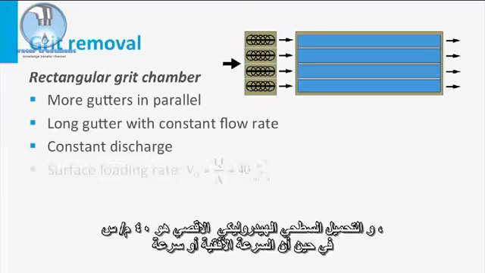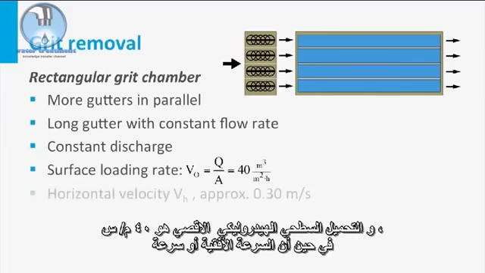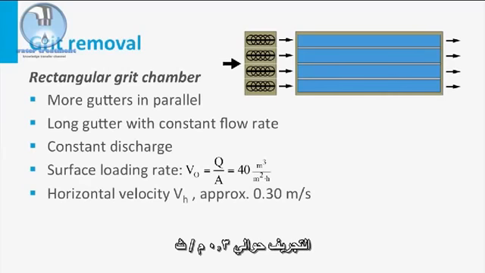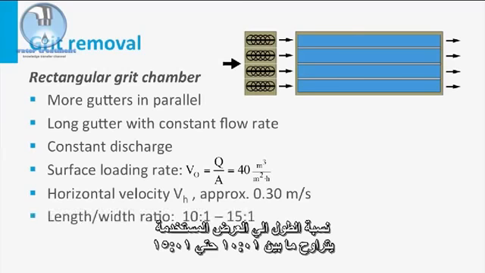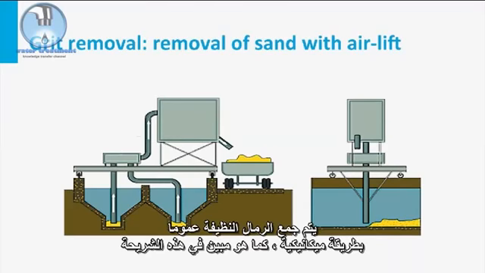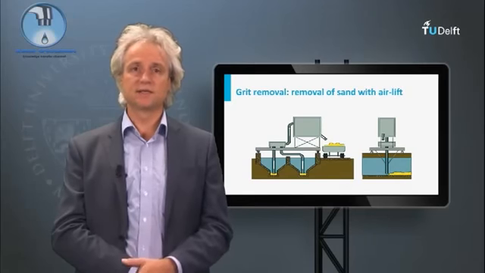The maximum hydraulic surface load is 40 meters per hour, whereas the horizontal velocity or scouring velocity is approximately 0.3 meters per second. The generally applied length-width ratio ranges between 10 to 1 to 15 to 1. The clean sand is generally collected in a mechanized way as indicated in this slide.